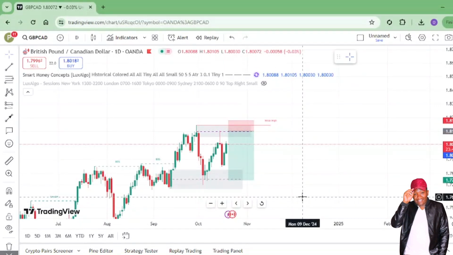The market should come and get you there, both on the supply or demand side, and also on the fair value gap. Using this rectangle on a fair value gap, the market sometimes does not fill the fair value gap 100%, but instead fills 50% of the fair value gap and retraces.